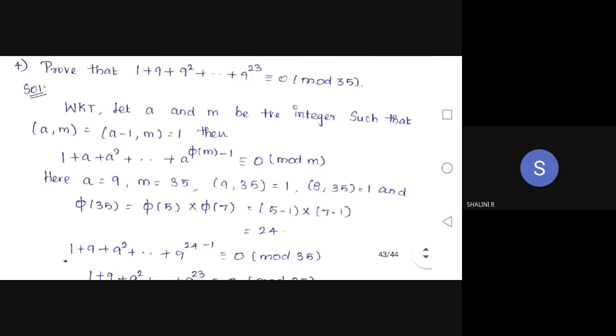Then we can write 1 plus 9 square plus up to 9 power 24 minus 1 is congruent to 0 under mod 35.